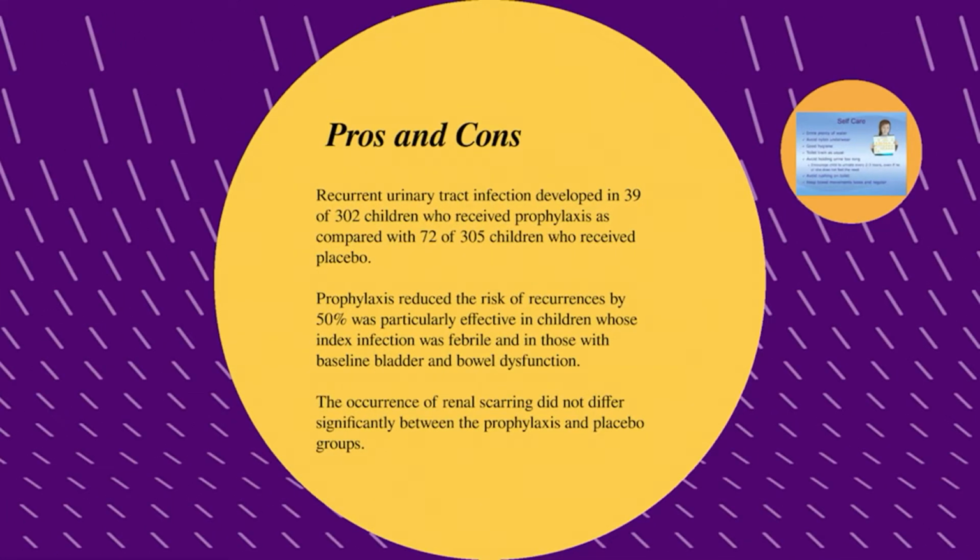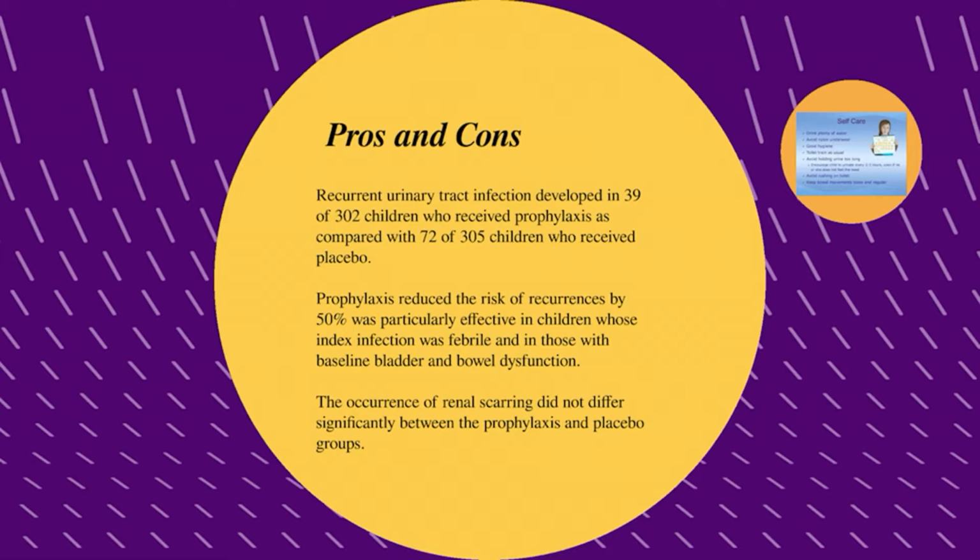Pros and cons. Recurrent urinary tract infection developed in 39 of 302 children who received prophylaxis as compared with 72 of 305 children who received placebo.